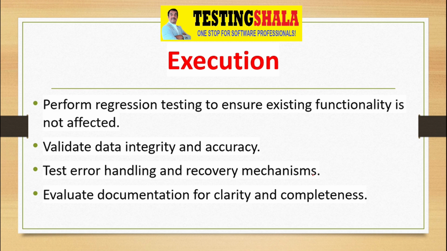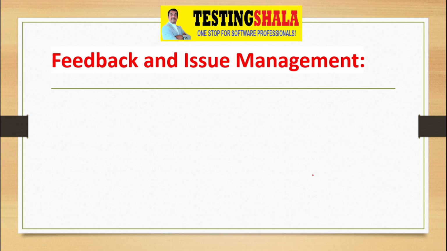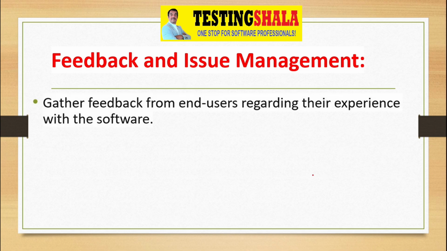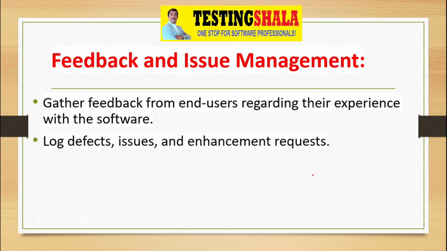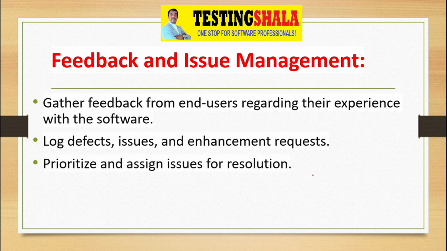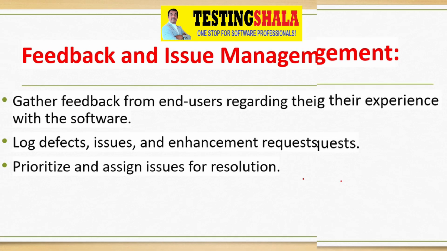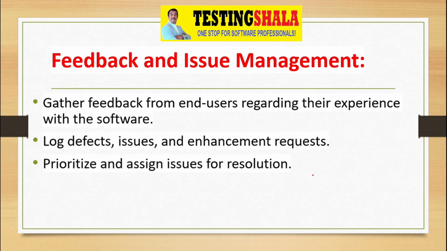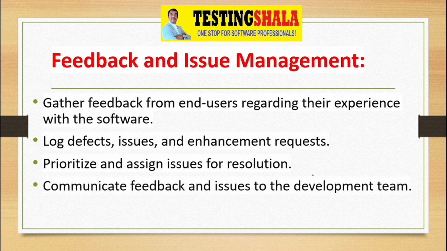And the next phase would be feedback and issue management. Once the test executions are done, we'll have to gather the different feedback we have received from the end users regarding their experience while testing the software, and they will be logging those defects or issues or even enhancement requests, so that you can prioritize those defects or issues, and we assign those issues to the development team for resolution, and that will be communicated back to the development team for fixing those issues.